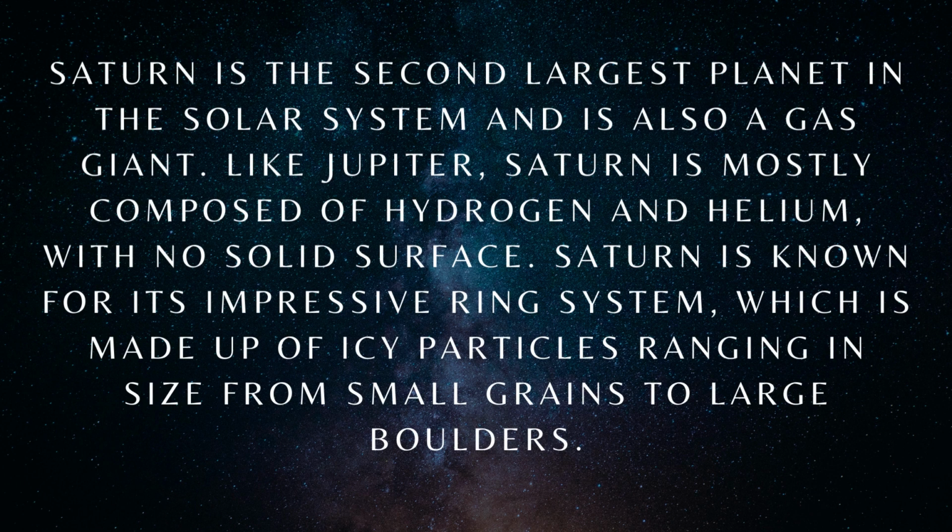Saturn is the second largest planet in the solar system and is also a gas giant. Like Jupiter, Saturn is mostly composed of hydrogen and helium, with no solid surface. Saturn is known for its impressive ring system, which is made up of icy particles ranging in size from small grains to large boulders.